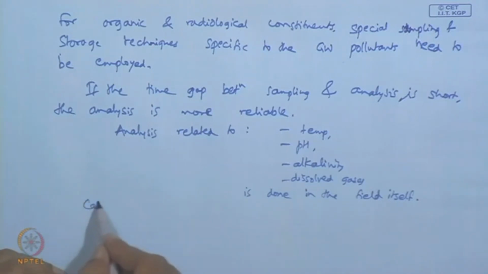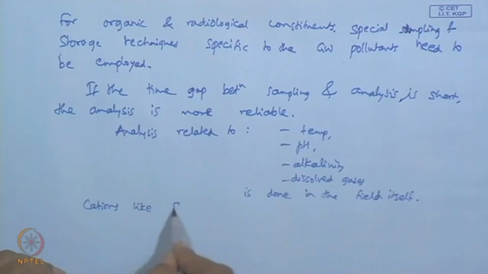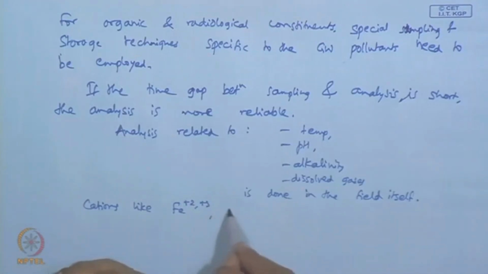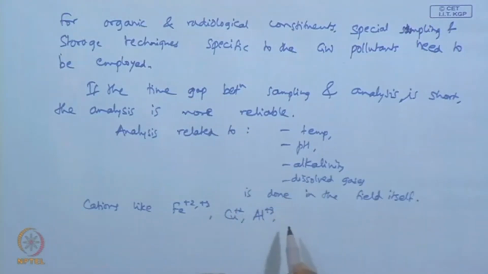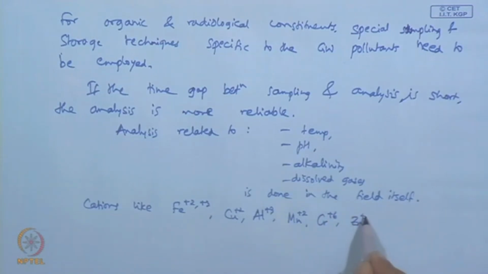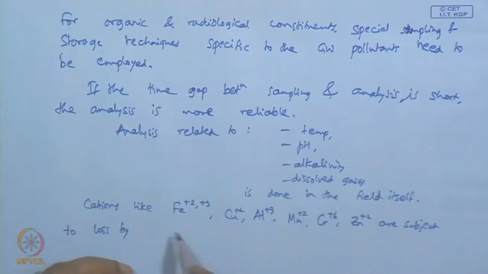Cations like Fe plus 2, plus 3, ferrous, ferric, Cu, aluminum, manganese, chromium, zinc are subject to loss by adsorption.